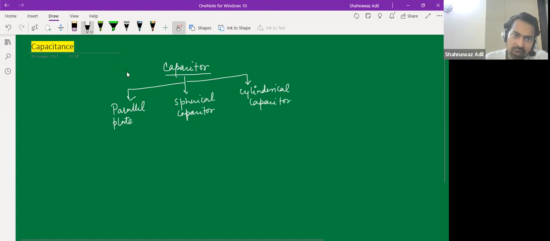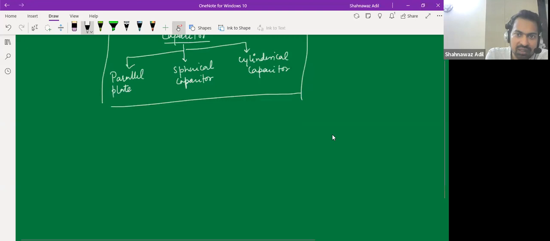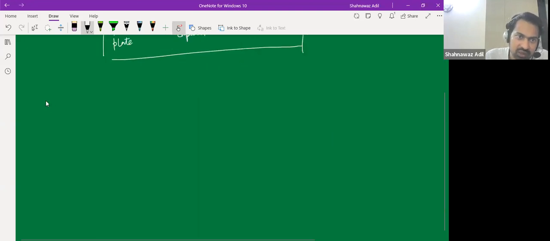So we will talk about these capacitors. And then we have capacitance, right?